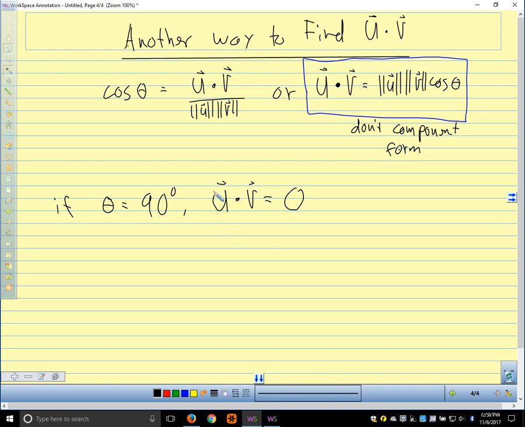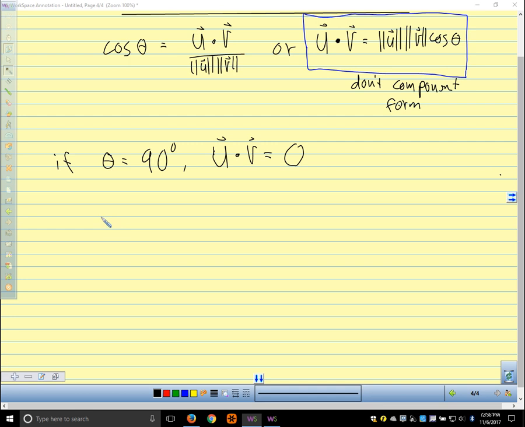This gives us a test to decide whether or not the angle between two vectors is 90 degrees. When the angle between them is 90 degrees, we call them orthogonal.